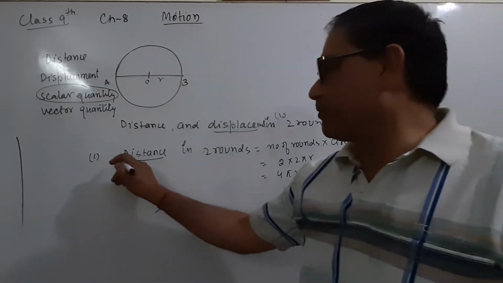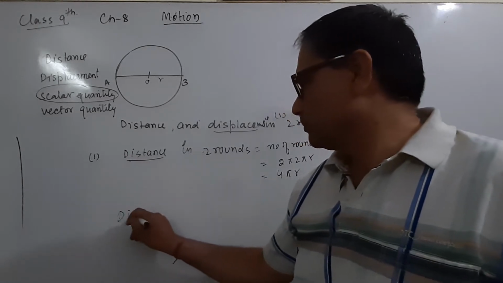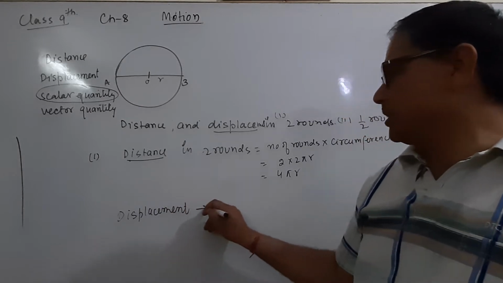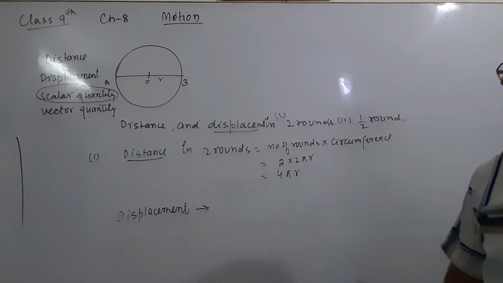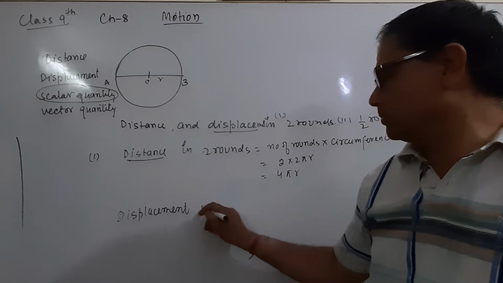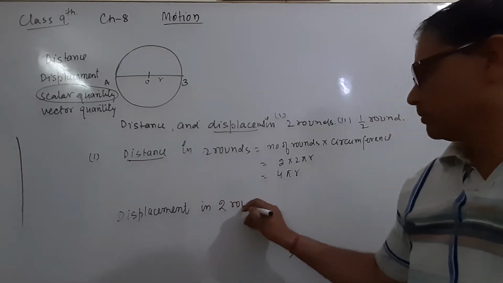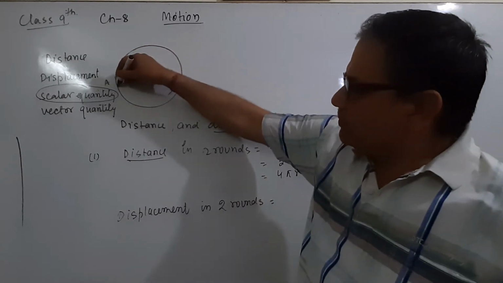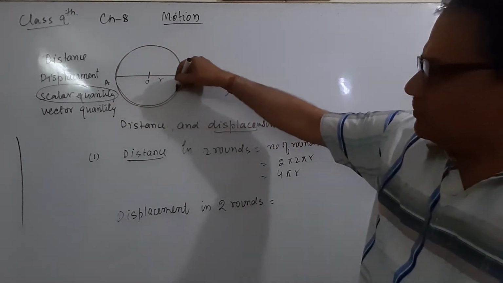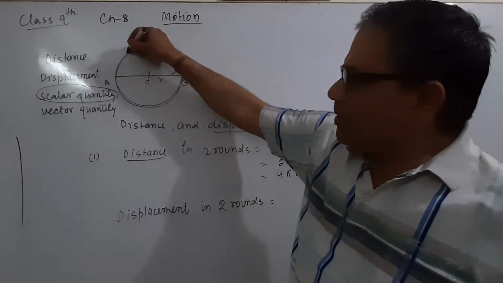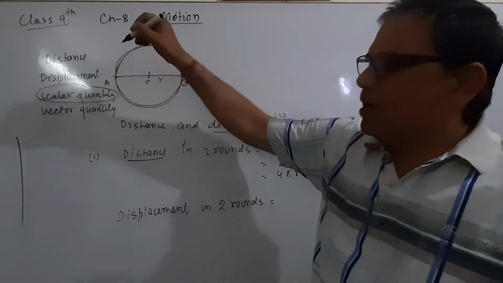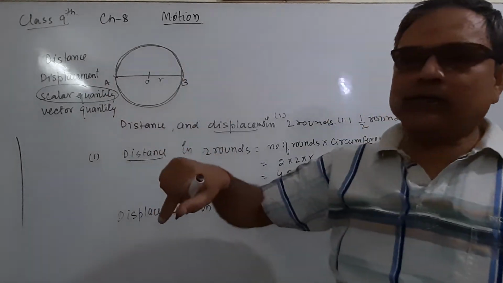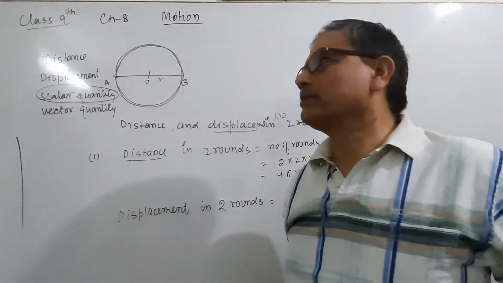And the displacement. What is the displacement in 2 rounds? I start from here and make a complete round. After one complete round, I reach the same point from where I started.